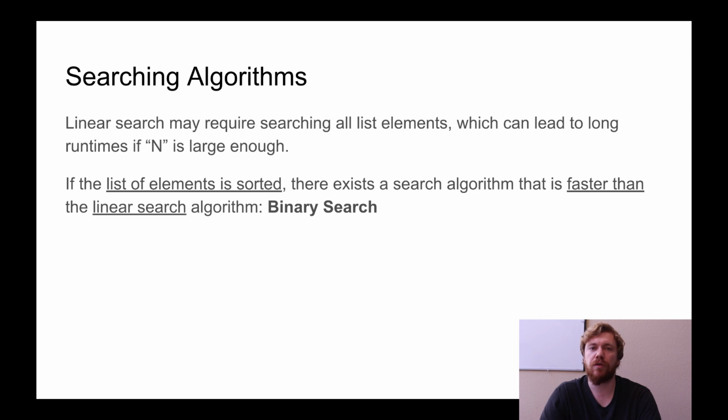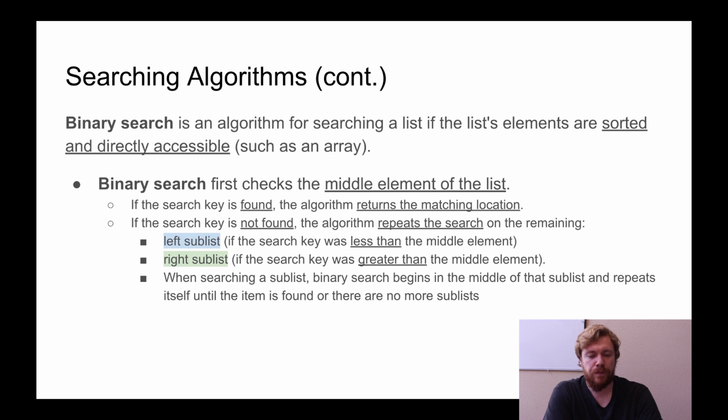Sorted as in, if there are numbers, then sorted in ascending order might be 1, 2, 3, 4, 5, 6, 7, 8, etc. So binary search is an algorithm for searching a list if the list elements are sorted and directly accessible, such as in an array.